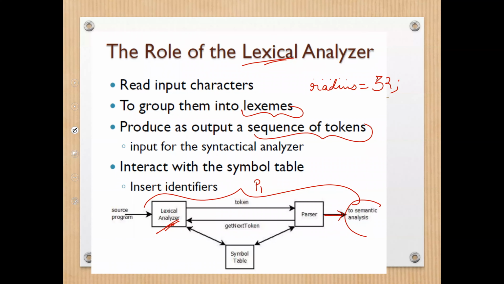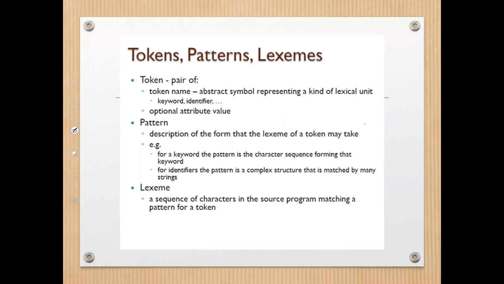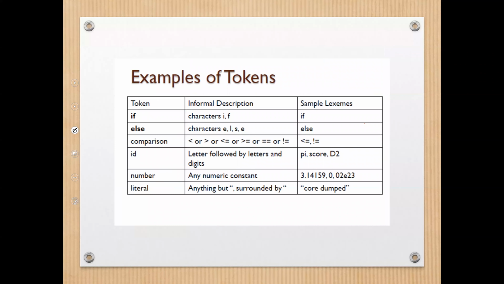Before we talk about that, let's see what we mean by three things: tokens, patterns, and lexemes. We will see that with the help of an example. We'll go for the same example, radius equal to 32. This is something called a variable, or in terms of a compiler, I call it an identifier.